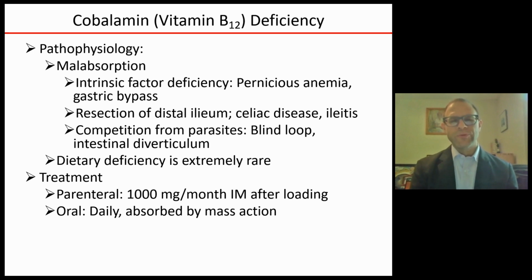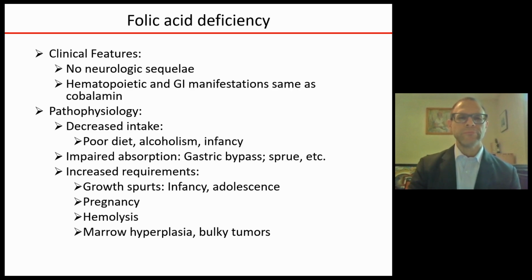And even sometimes when it is severe, after a course of parenteral replacement, we can try to convert to oral replacement as well. Again, for folate deficiency, we don't typically see neurologic symptoms. That's a big difference in terms of clinical manifestations, but folate deficiency does cause megaloblastic anemia with some pancytopenia.